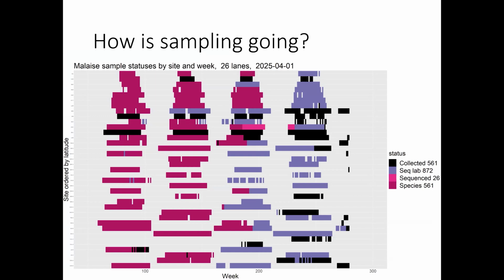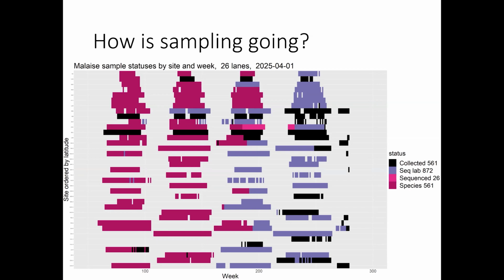And I've color coded the sampling week. So each of these little lines is a sampling week, by what the status of the sample is. So these are just the malaise samples on this slide. So you can see that some sites still haven't actually managed to send in their samples. So that's a bit of an urgent thing to get done. But most of them have sent samples.